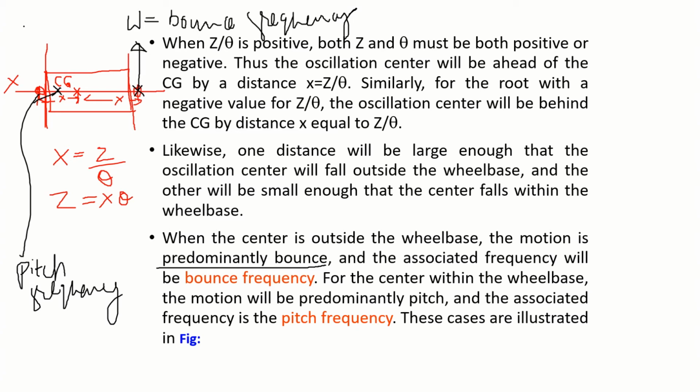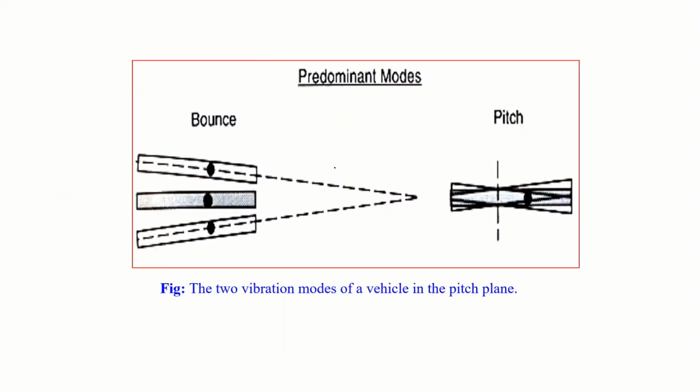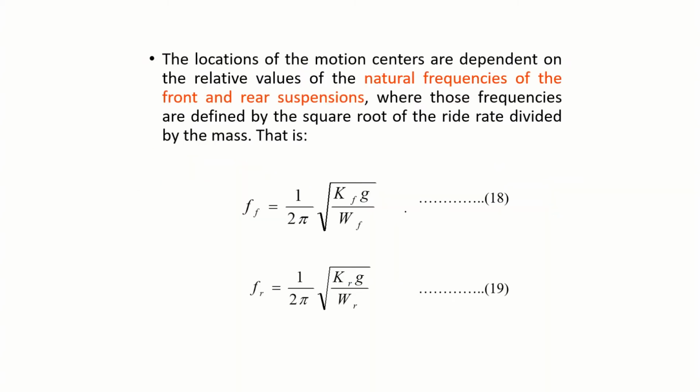So this you can call the bounce center, and this one you can call the pitch center. So these are the predominant modes. This is the center of gravity, this is the pitch center, this is the bounce center.